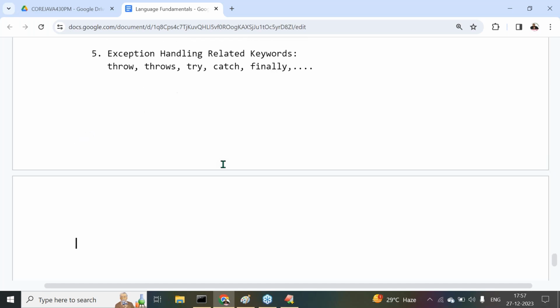Next one is the meaning of reserved words. Listen carefully. If any predefined word has word recognition and its internal functionality, it is called a keyword. Both word recognition as well as internal functionality are available, so that is a keyword.